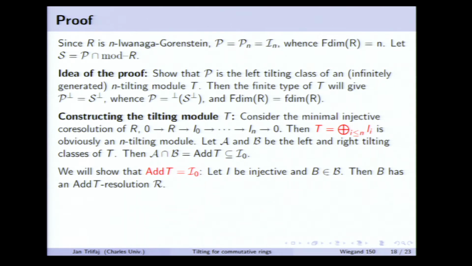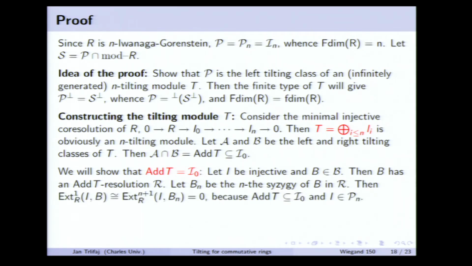we know that it has an Add T resolution by the characterization, by this lemma at the beginning. So if you look at the syzygy of the module B in this resolution, you can compute that for any injective I, this Ext is the same as the Ext m plus 1 of the syzygy.